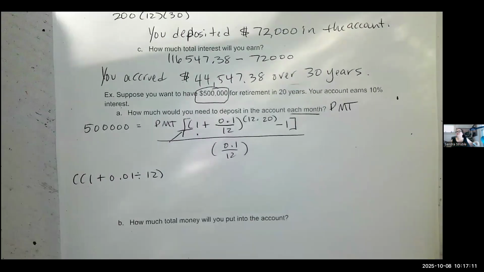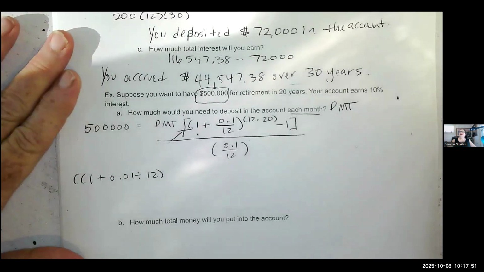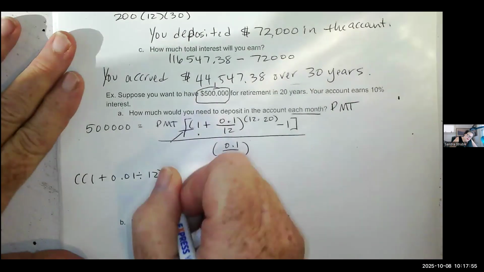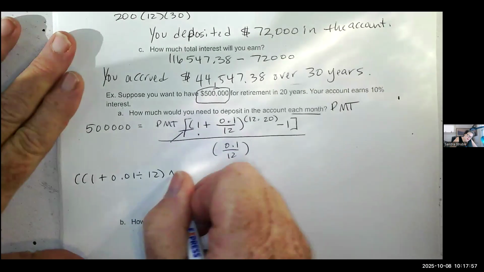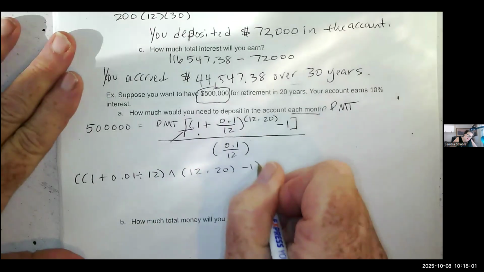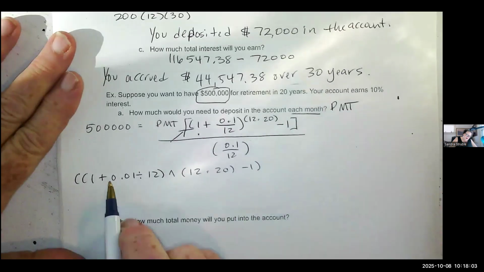Okay, so parentheses. 12 caret, open, 12 times 20, close, minus 1, close. Make sure I got them all.